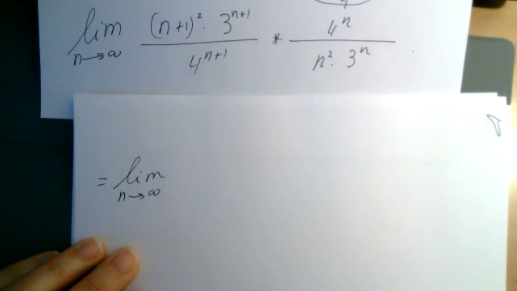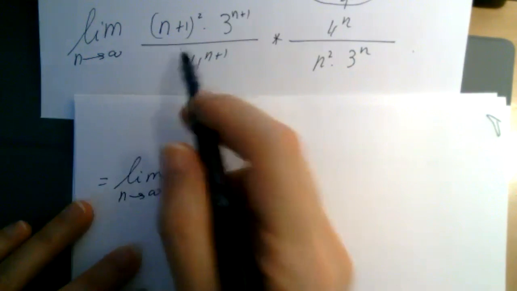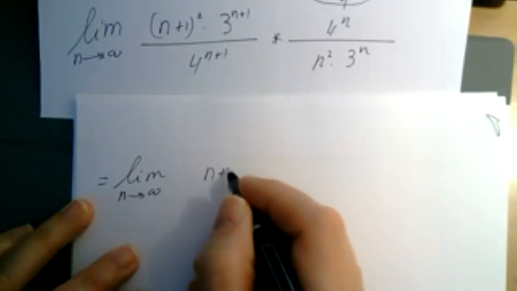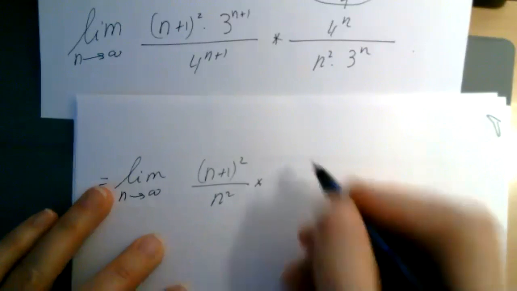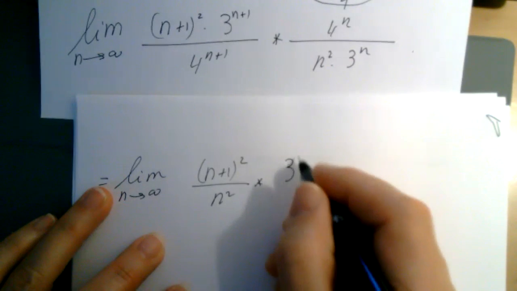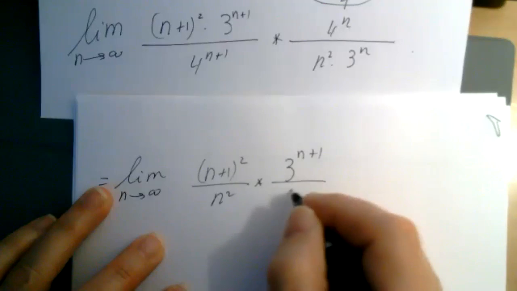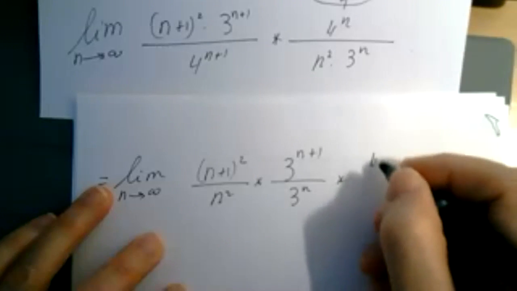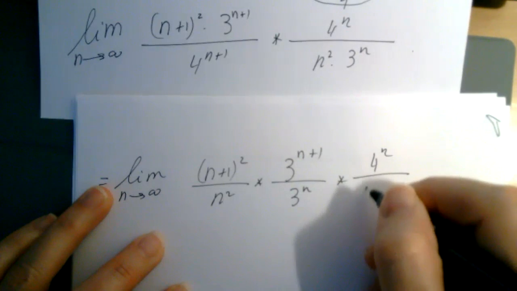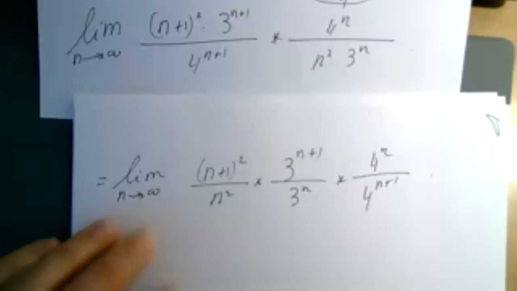Basically, I want to simplify this expression. I'm going to rewrite this as n plus 1 over n squared, like terms together to be able to work with it, and 3 to the n plus 1 over 3 to the n, just to make it easier, and 4 to the n over 4 to the n plus 1.